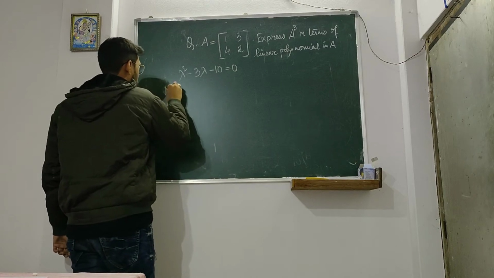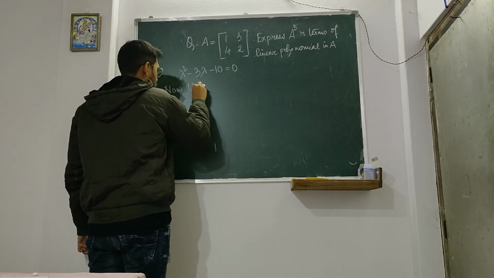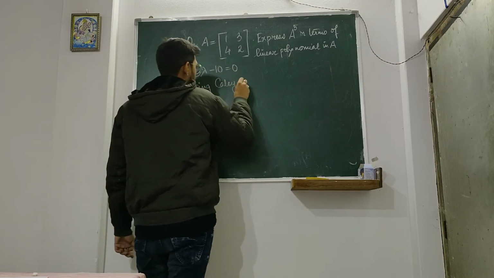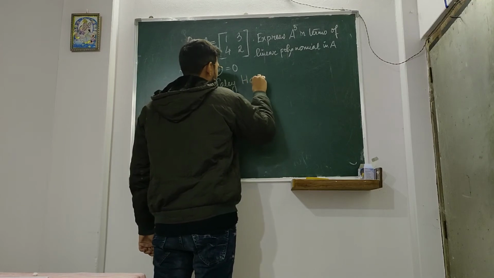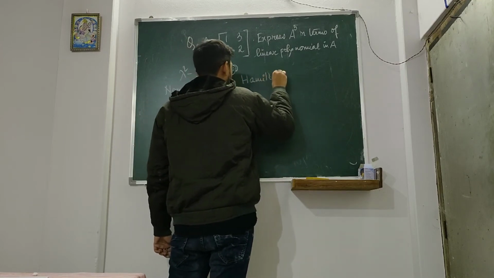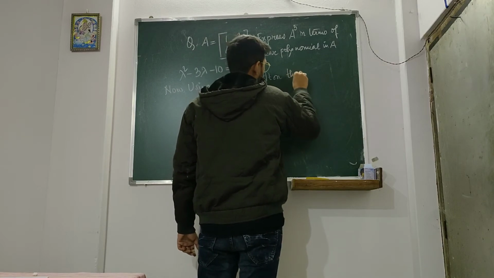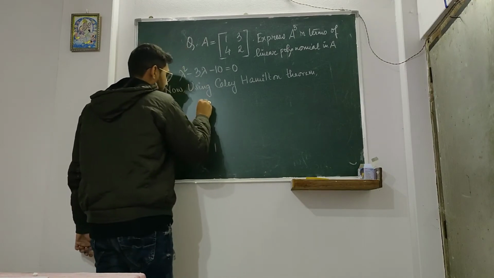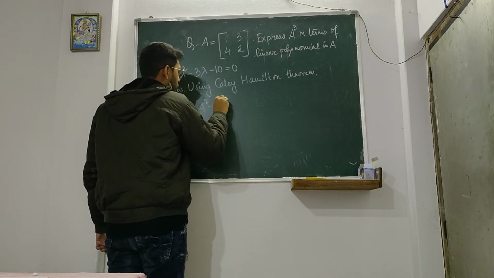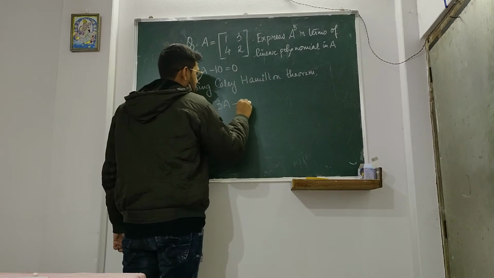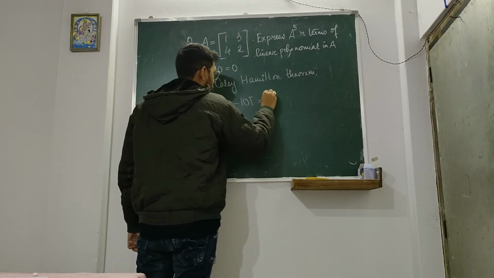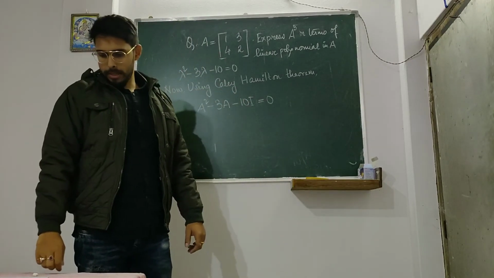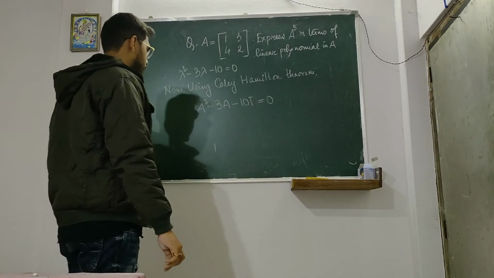Now using Cayley Hamilton Theorem, we can write A square minus 3A minus 10I equals to 0.